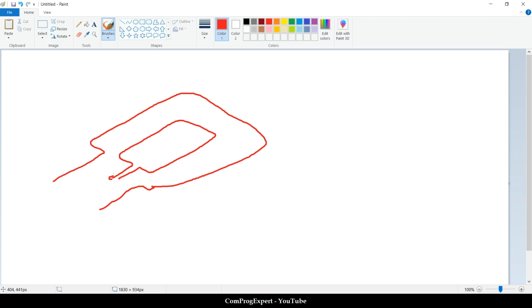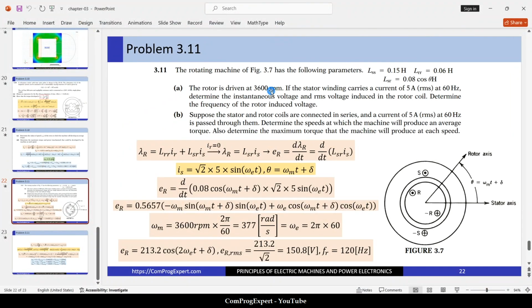If we open circuit the rotor coil and apply a voltage source to the stator coil and rotate the rotor at this speed, how much is the value of the induced voltage, the RMS value for the voltage?